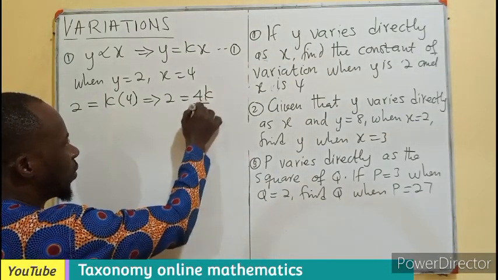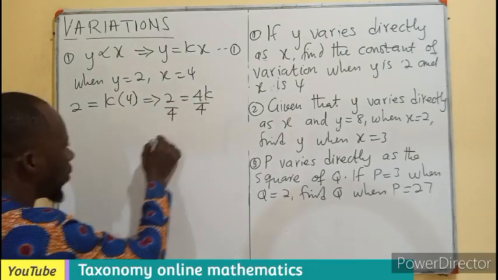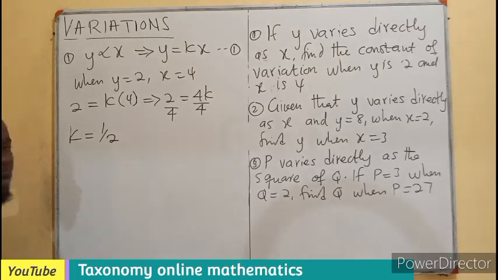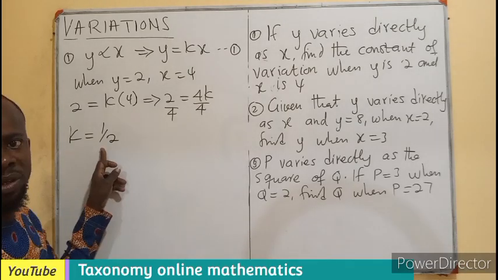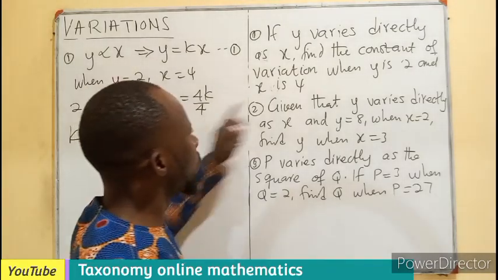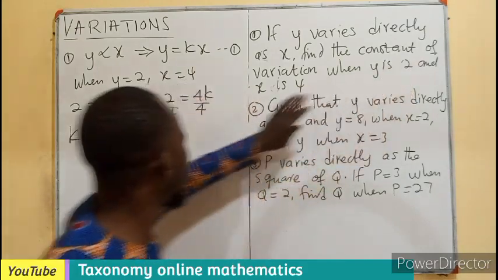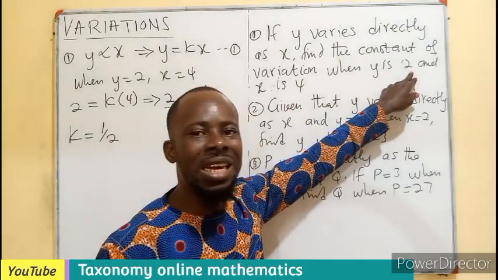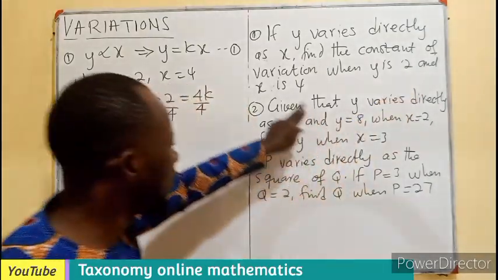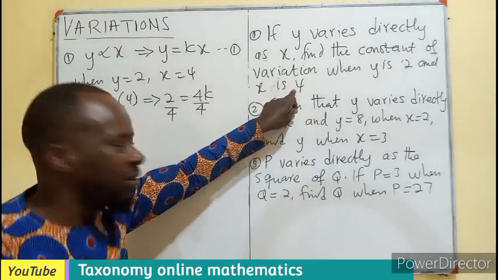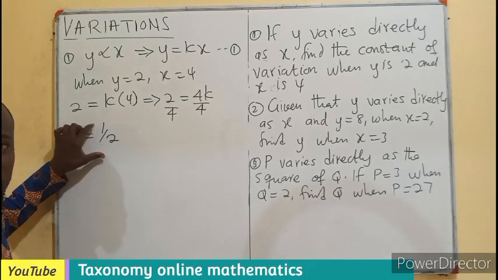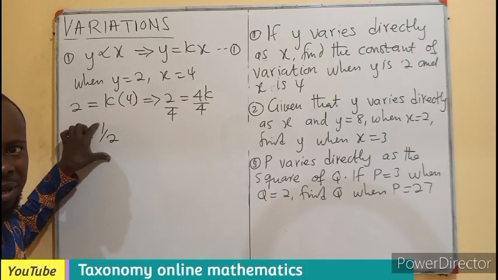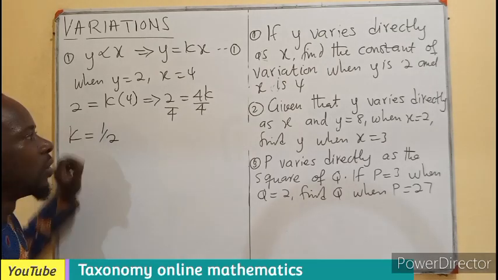So we divide both sides by 4, meaning the constant of variation will be 1 over 2. So this is the constant of proportionality. So if the value of y increases to 4, x is also going to increase based on this constant. The constant is going to be half. That is the constant of variation. Alright.